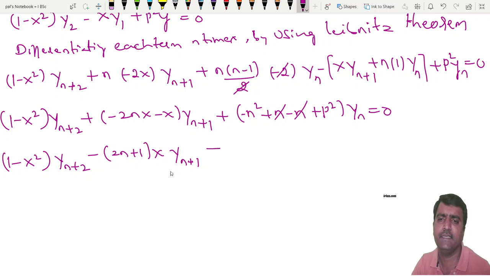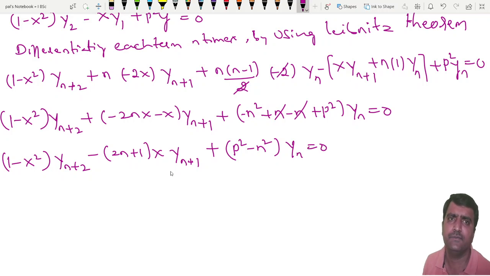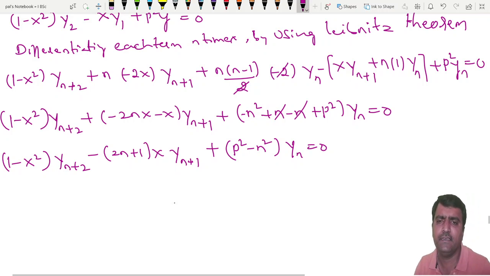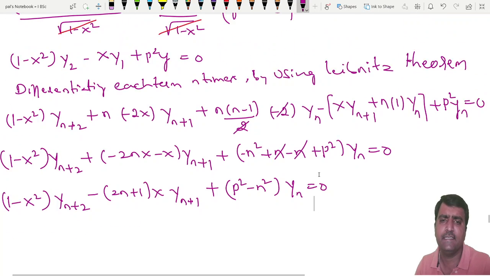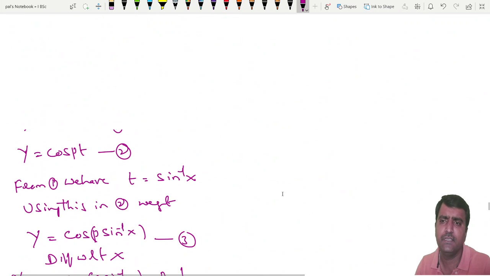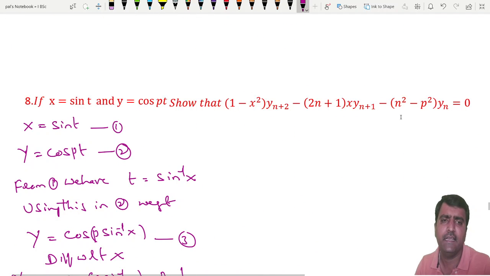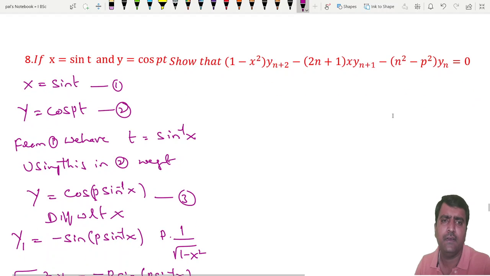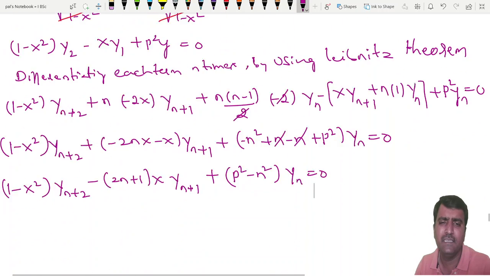And you write plus p square minus n square into yn is equal to 0, because n square has a negative sign. So that is the result they are asking. Actually, they are writing in this form, minus of n square minus p square into yn is equal to 0. So both are the same.